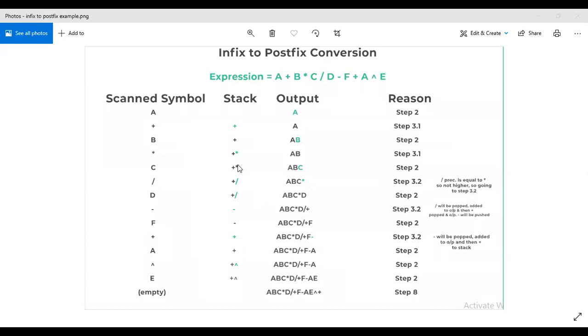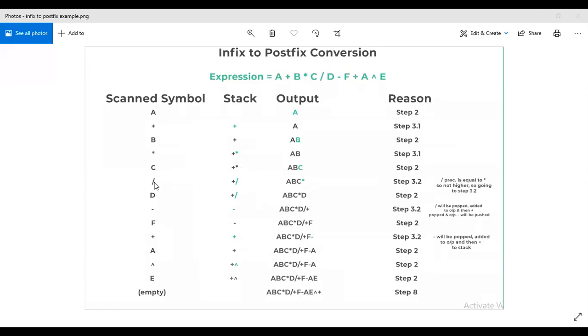So what I have to do is, whether I encounter an operator which has the same preference, or an operator which has less preference than the operator already in the stack, I have to pop the operator in the stack.